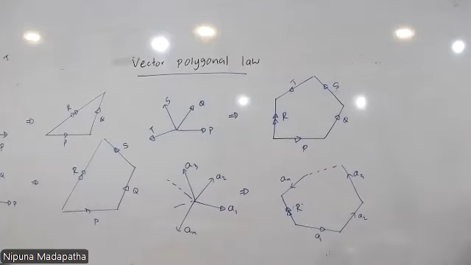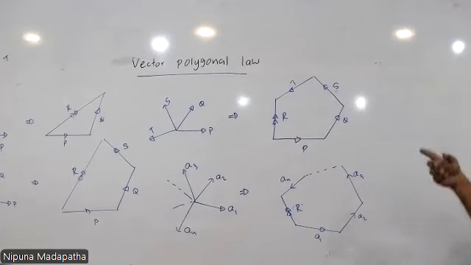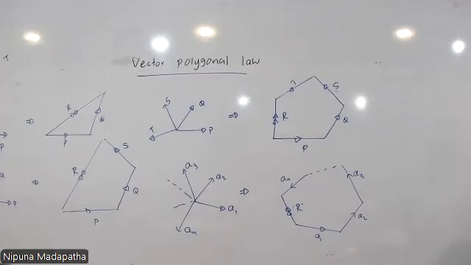Then complete the n plus 1 side, which represents the resultant. That's what is called the vector polygon.